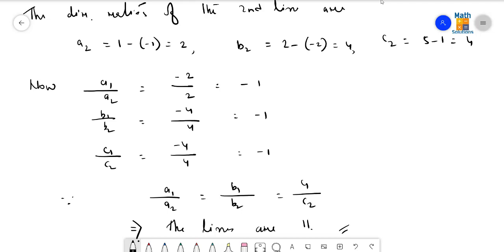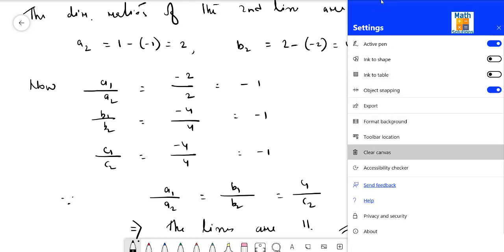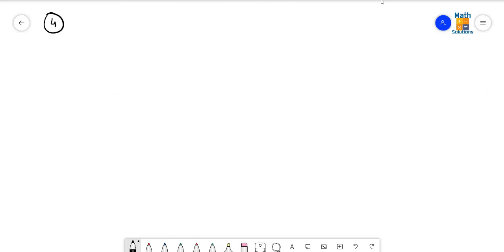Then coming to question number 4. In question number 4, what is given?